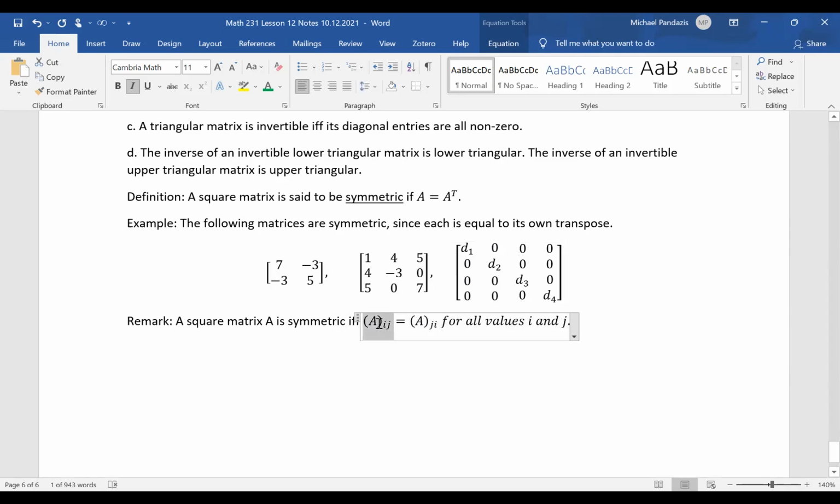As you vary i and j, you're just saying that corresponding entries that you flip about the main diagonal are the same. And that's equivalent, has the same truth value as a matrix being symmetric. So that's a remark.